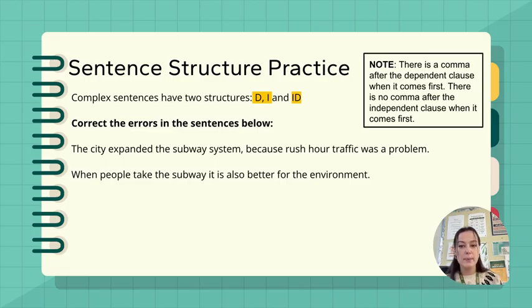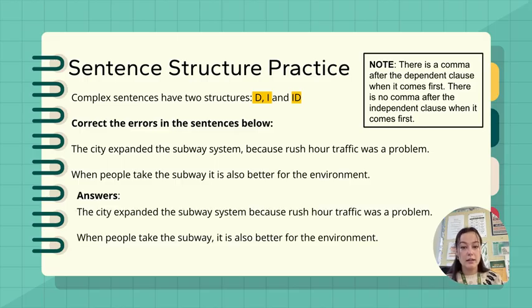So the city expanded the subway system, because rush hour traffic was a problem. When people take the subway, it is also better for the environment. Our answer is: the city expanded the subway system because rush hour traffic was a problem. If you look right here, there is no comma anymore. There does not need to be a comma before because it is not a fanboy, okay?